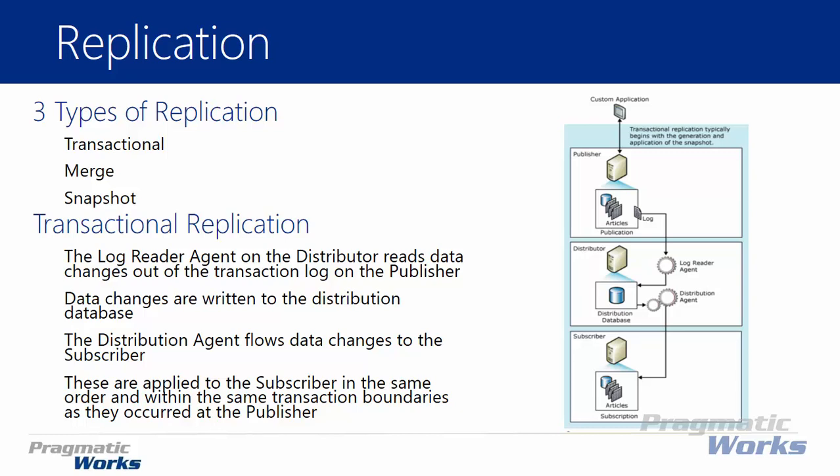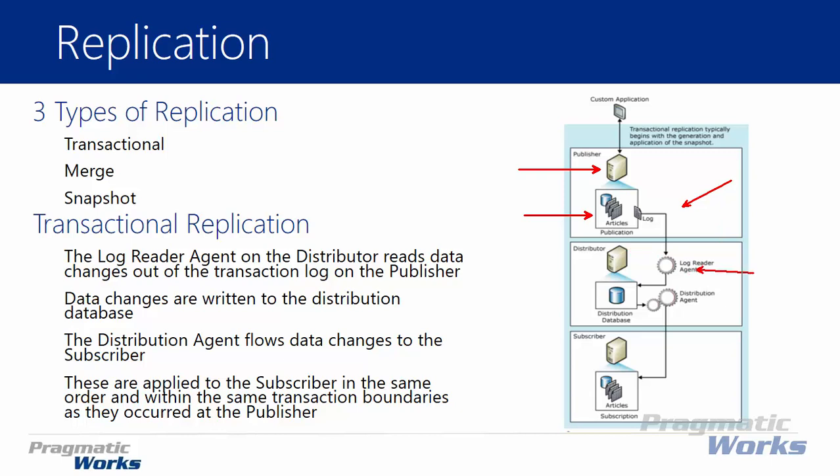I think it's important to note and just go over the publisher, distributor, and subscriber methodology here, because it's going to be the same or similar when we talk about the other forms of replication. So here we have our custom application up at the top. We have our publisher, which has a set of articles. Our transaction log picks up any changes to these articles within our publication.